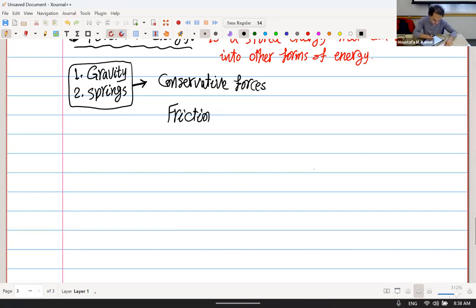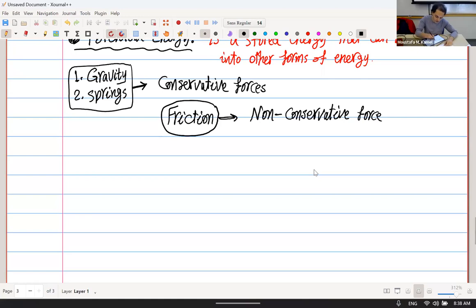So friction, on the other hand, is a non-conservative force. Okay.